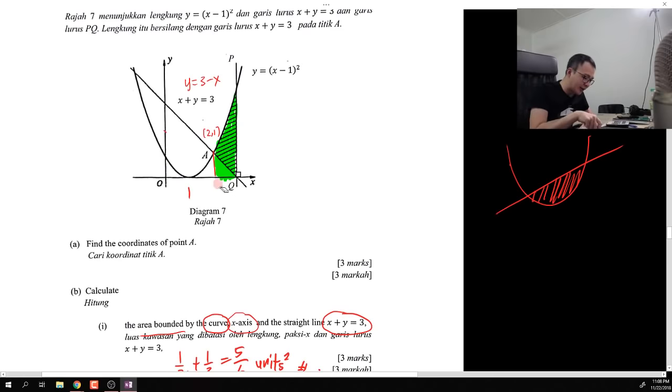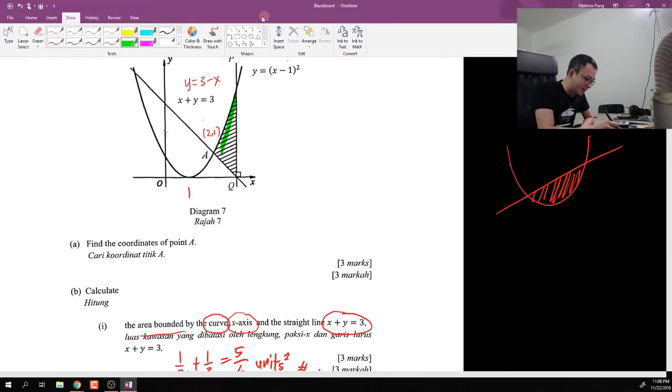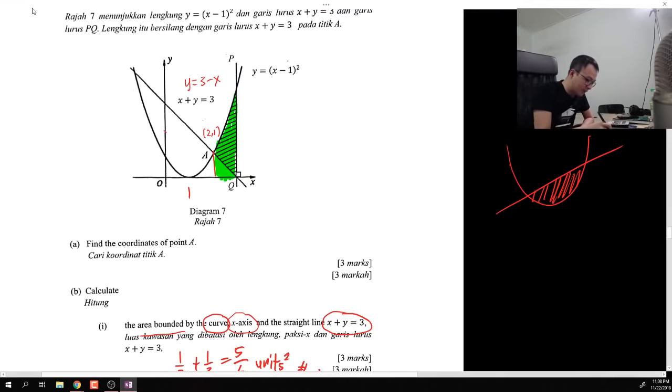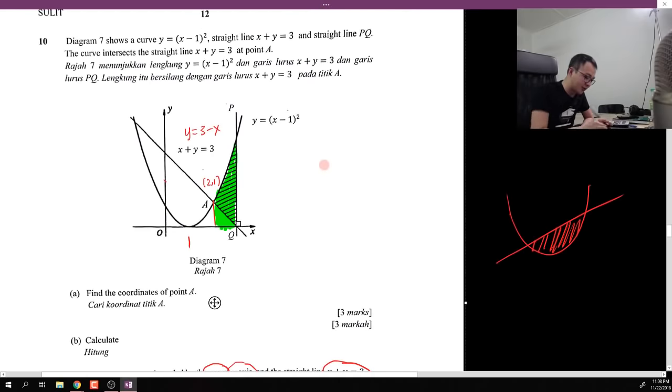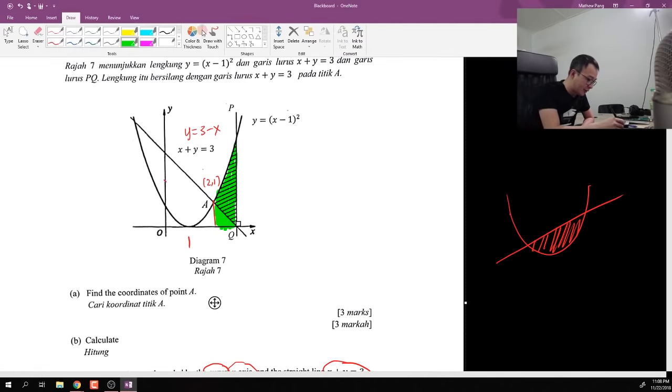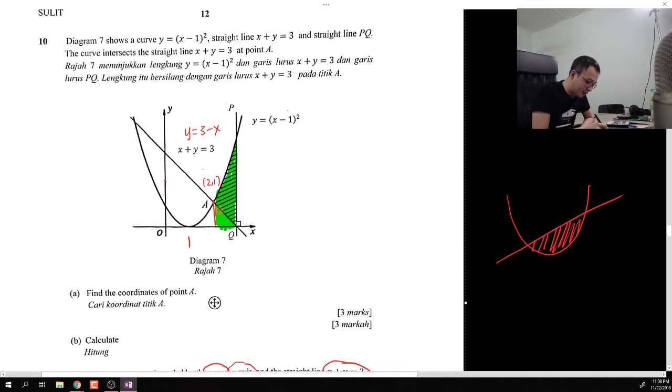And then I will minus the area of the triangle. Okay, just not so responsive. And then I will minus the rotation of the triangle. Okay, this is what happened.